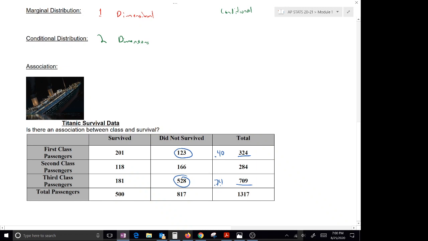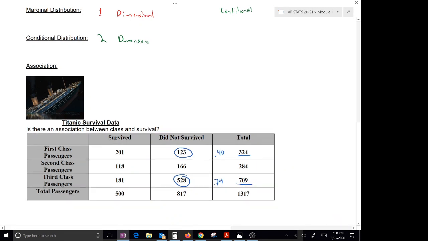So that's kind of telling us a clear answer that if you were a first class passenger, you had a much better shot at surviving than if you were a third class passenger. Okay.